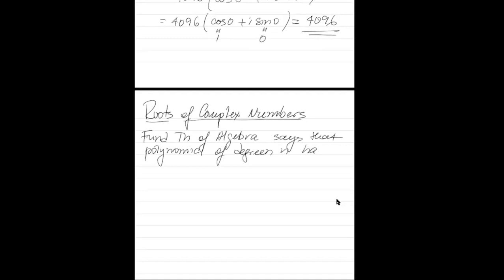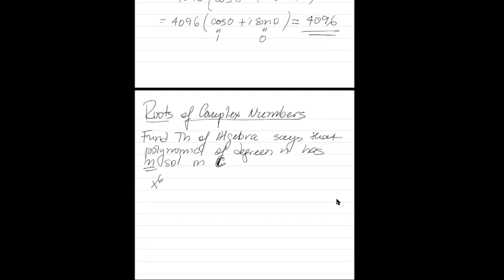The fundamental theorem of algebra, which we did early in this chapter, says that a polynomial of degree n has n solutions in the complex number system, in C.